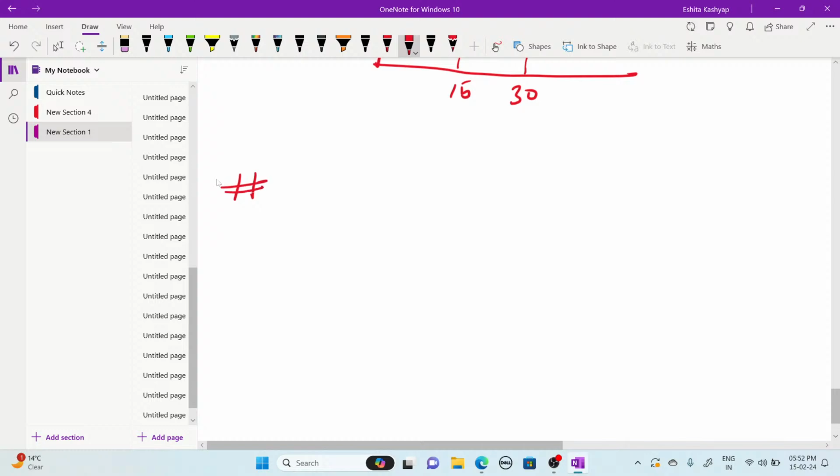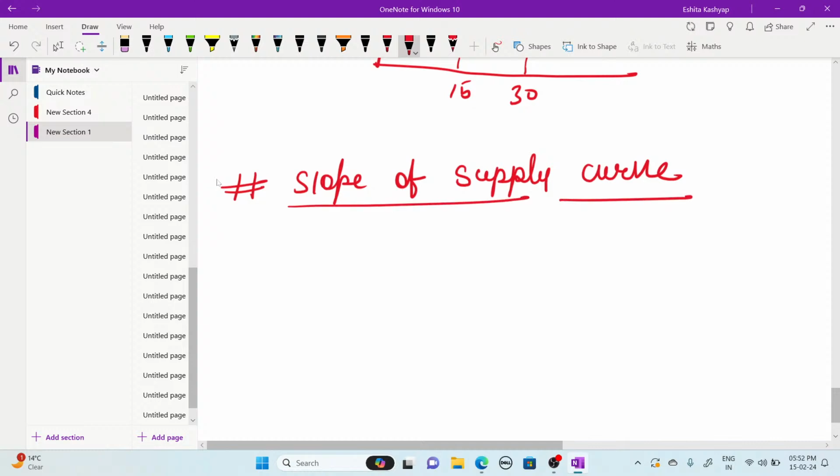Now, another term that we get is slope of supply curve. What is the slope of supply curve? As you all know, the supply curve normally slopes upward, it goes like this, in the upward direction, indicating a positive relationship, as I told earlier, between price of a commodity and its quantity supplied.